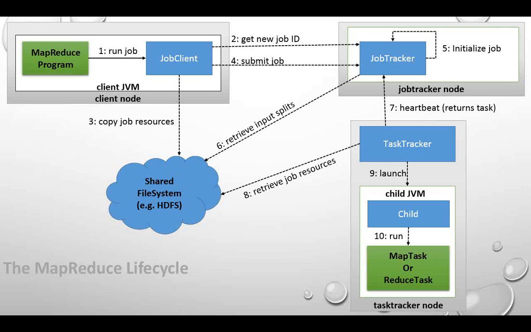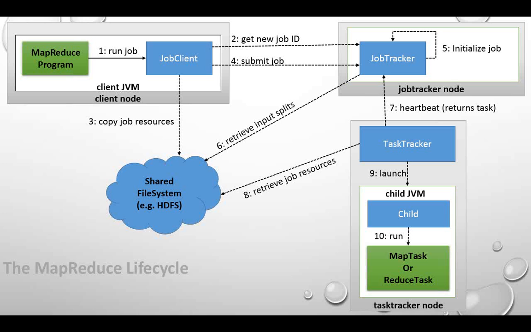So any customization that you're going to do on your Hadoop cluster, for example, if you're working in Pig and you find that a particular functionality is not available in Pig, and you write your own jar file, then that jar file is going to get copied onto the shared file system, which is on the HDFS itself, so that when the job runs, it takes that resource and applies it onto the data. Once that's done, the next step, the fourth step, is that it's going to submit the job.